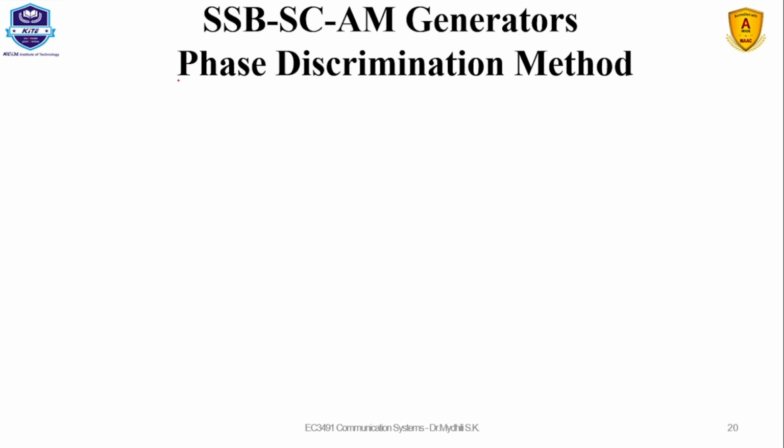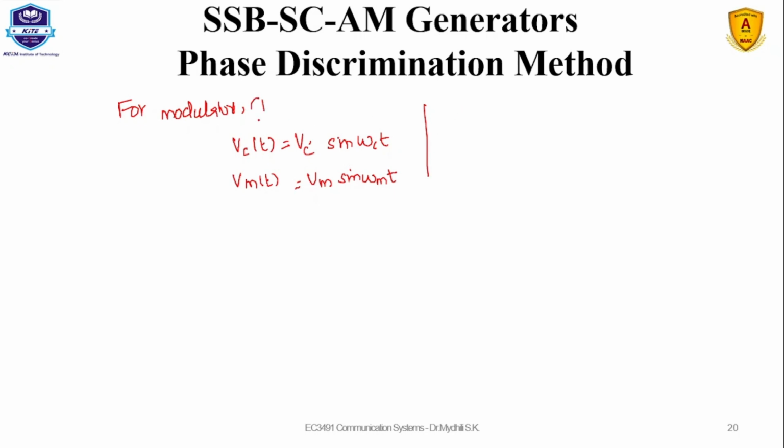We'll see the consideration for modulator 1. For modulator 1 we'll have Vc of t as case 1, directly given. So it is Vc sin omega ct, and Vm of t is Vm sin omega mt, since it is directly given. This is for modulator 1.